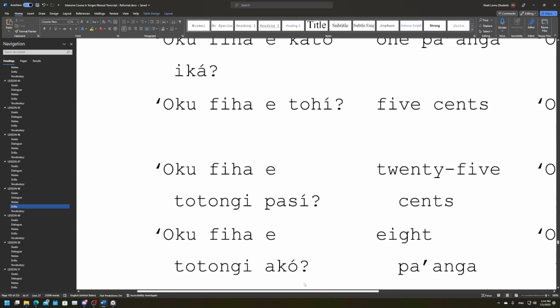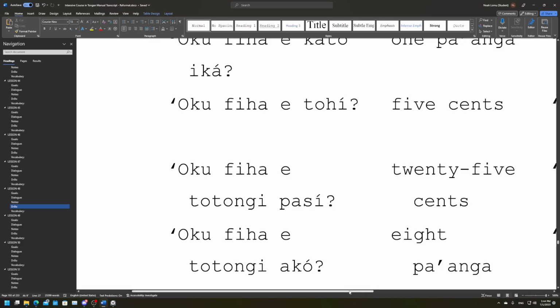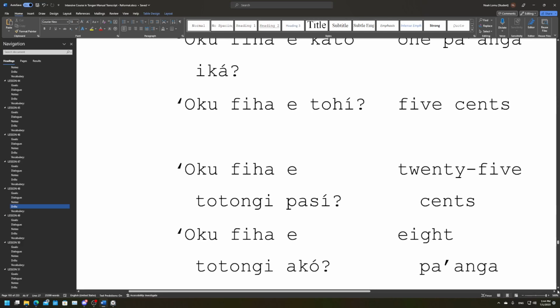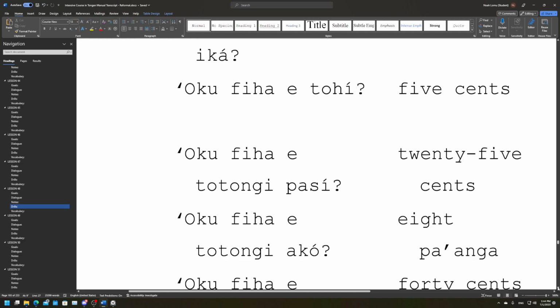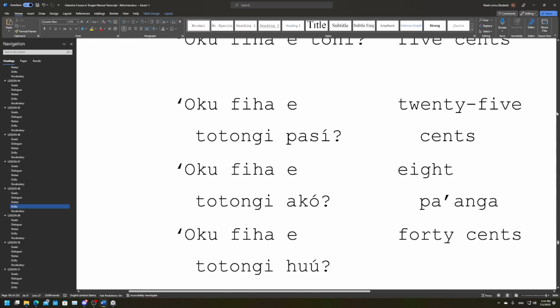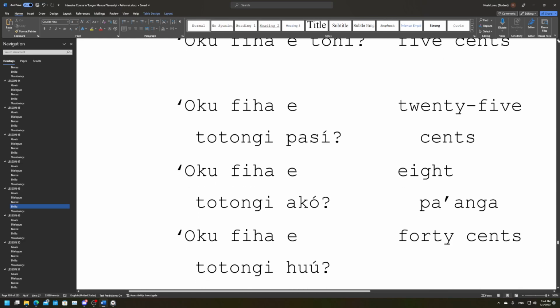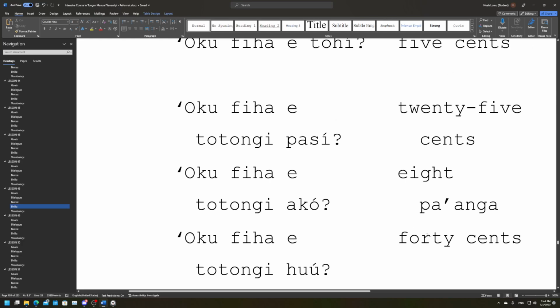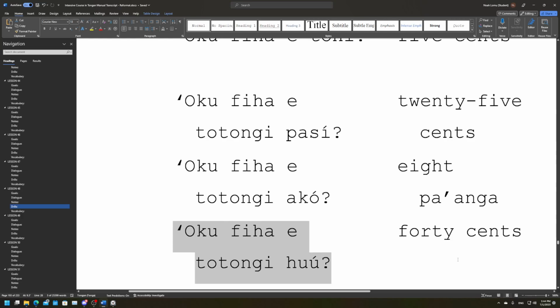Okay. Yeah, the numbers are tough if you haven't heard the numbers being counted up a lot. The numbers are really similar. Yoshikorokola, okofia te tongi hu.